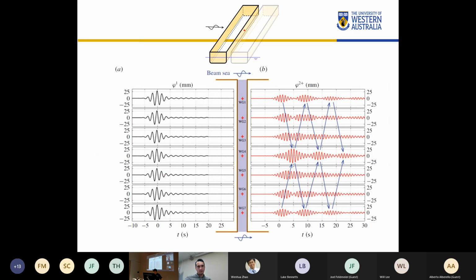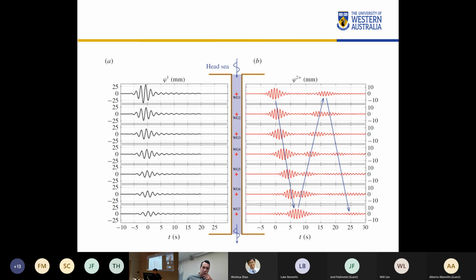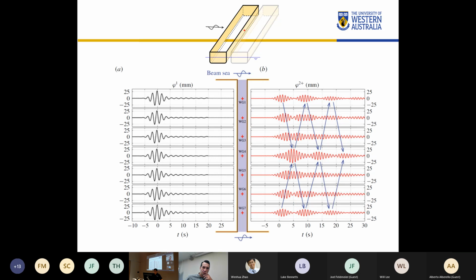And then that is only one point. In the experiments, I have a series of wave gauge installed inside of the gap, as you can see here in the picture below.